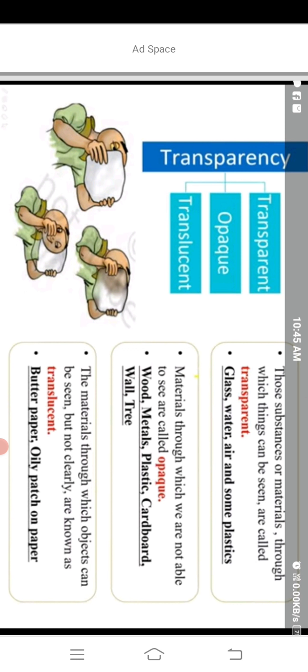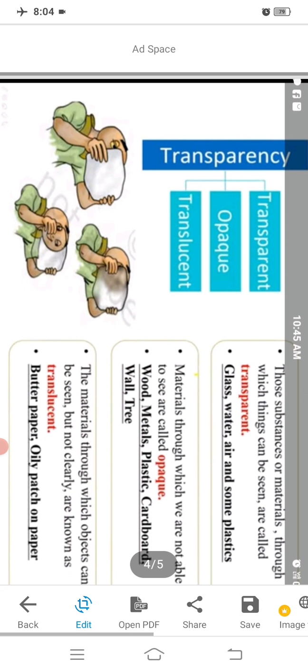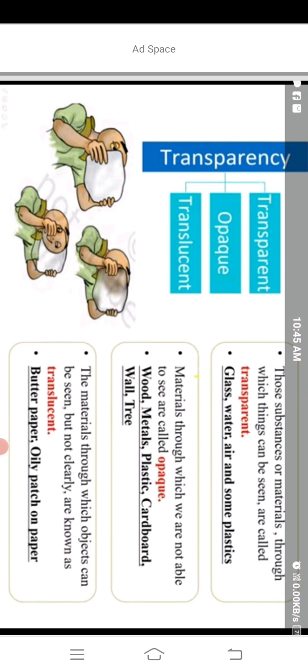The boy takes three types of substances. With the first substance we cannot see the face of the boy. With the second substance we see the face of the boy but not clearly, and with the third substance we see the face of the boy clearly.